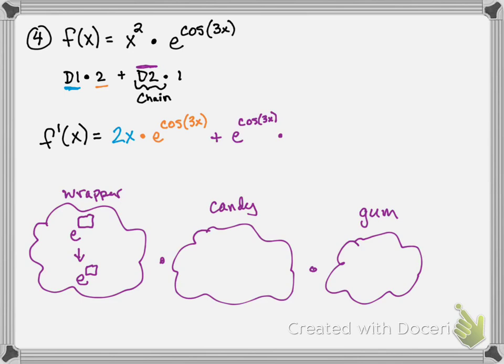Okay, now look at the candy. Isn't the candy cosine of 3x? So the derivative of cosine is negative sine of 3x. So that's my next little piece.